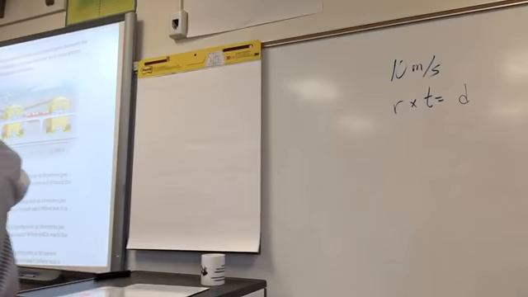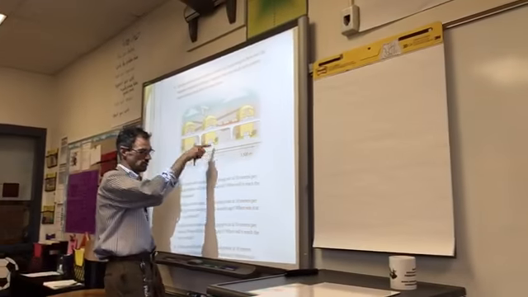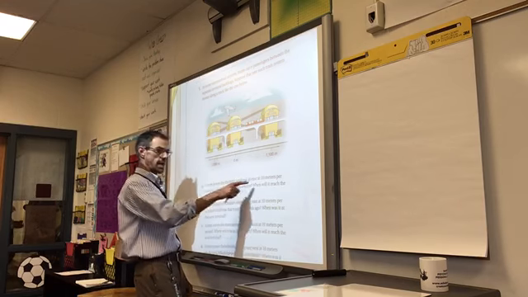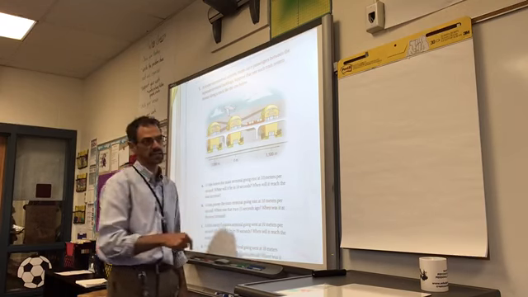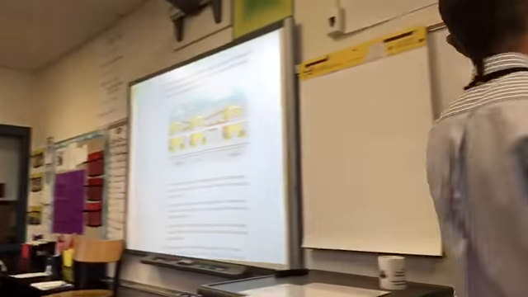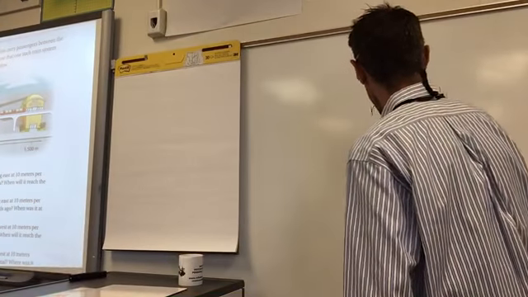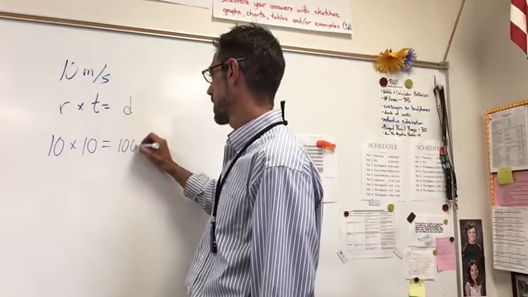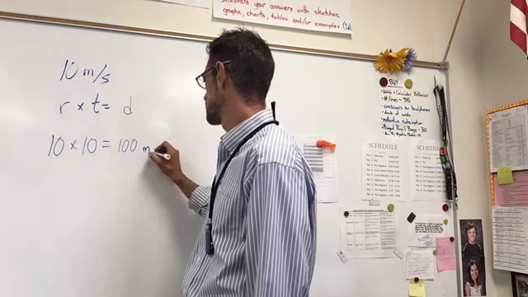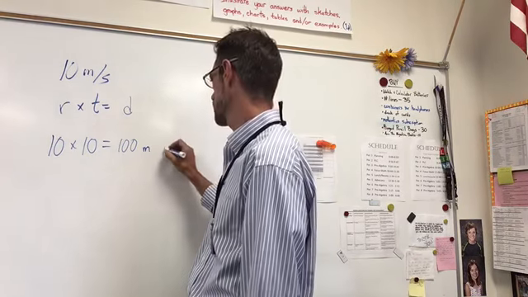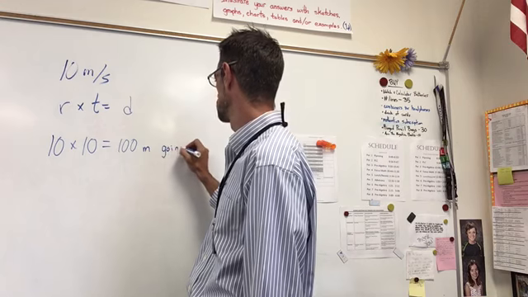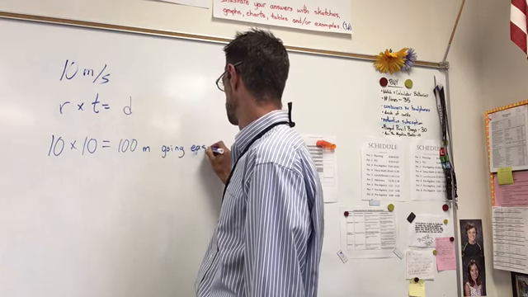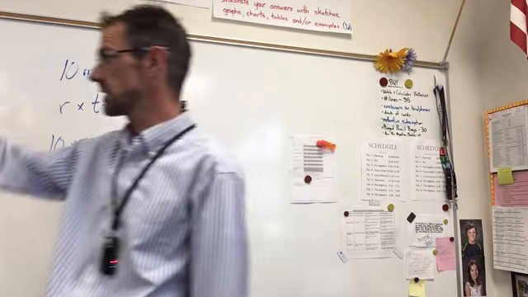A train leaves the main terminal going east, so it's going this way, at 10 meters per second. My rate is 10. My time is 10. So what's my distance? 100 meters. I could also say 100 meters going east.